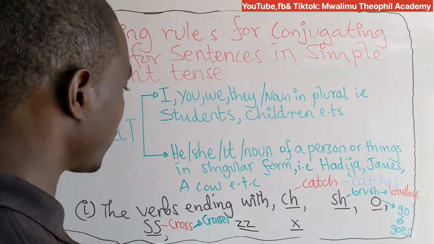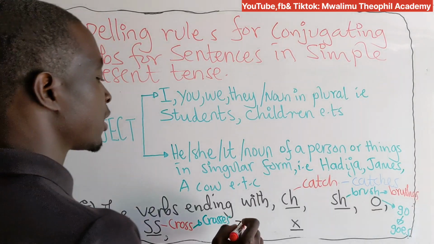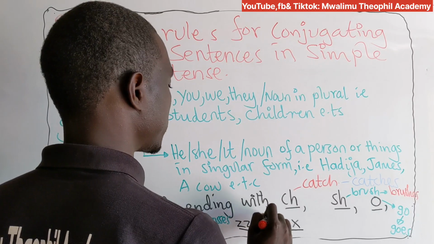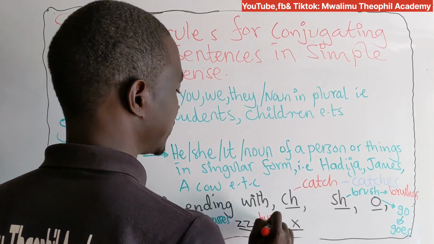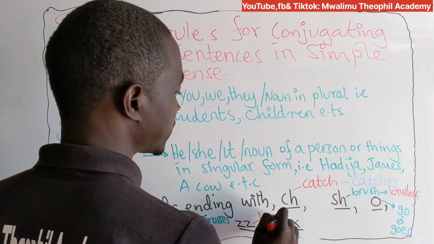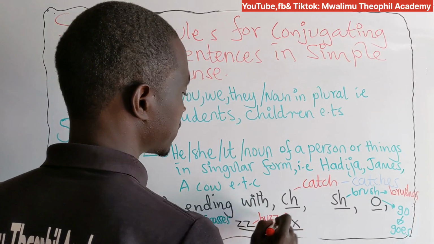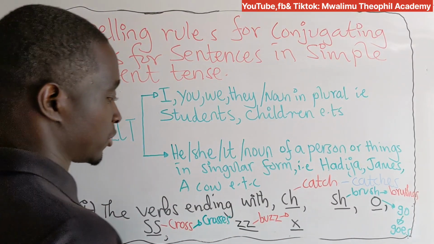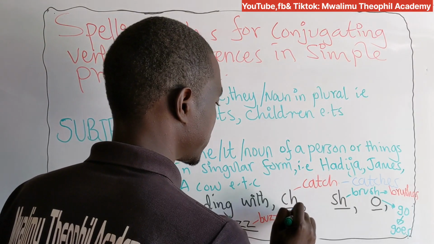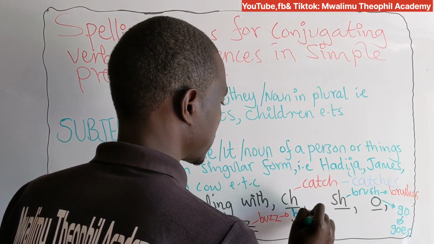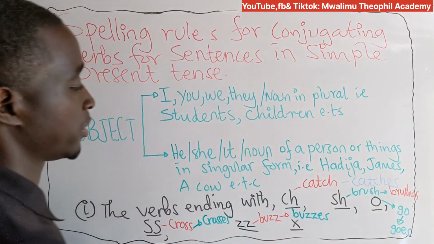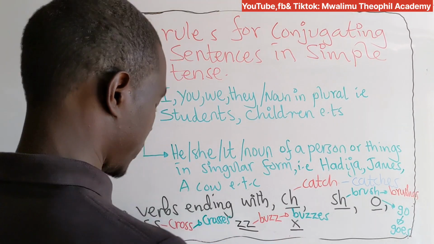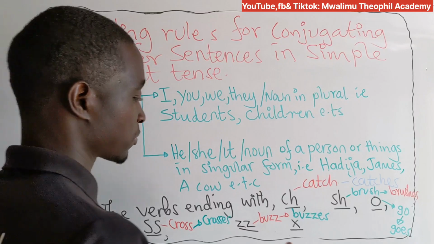A good example of a verb ending with the double z is the verb buzz. Buzz becomes buzzes. We add again es. And a good example of a verb ending with x is the verb to fix.